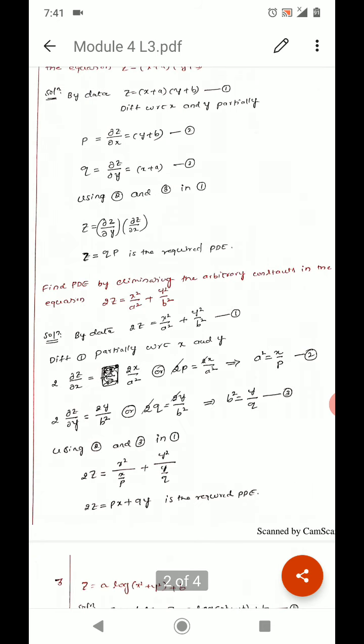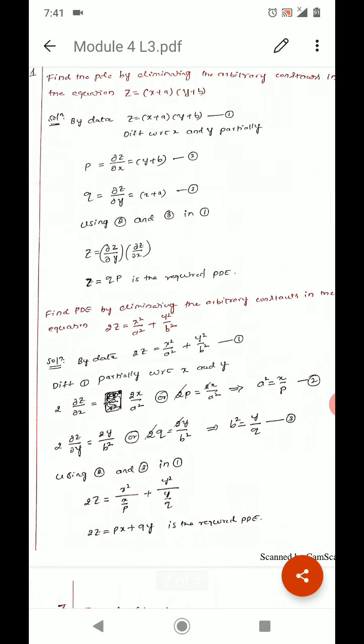If we differentiate the given equation with respect to x partially, y plus b becomes constant, but it is attached to x plus a. Therefore, here the differentiation of x is 1 and of a is 0. That means 1 plus 0 is 1 into y plus b. That means p becomes y plus b.